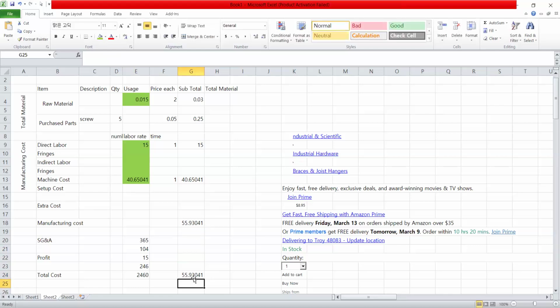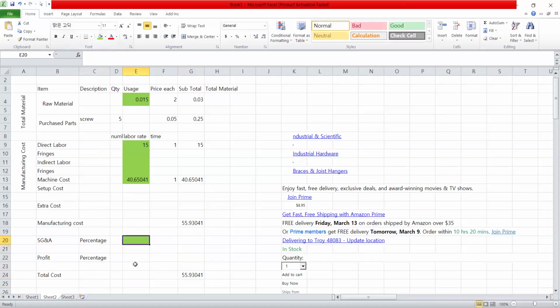So this is the number we pass to our purchasing department. This SG&A will be calculated in percentage, and profit also in percentage. And these numbers will be given to you by your finance department as well.